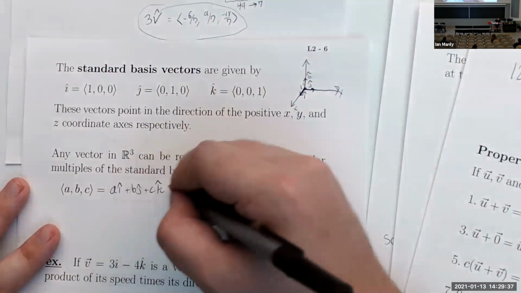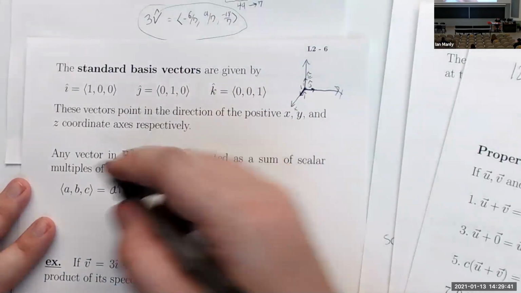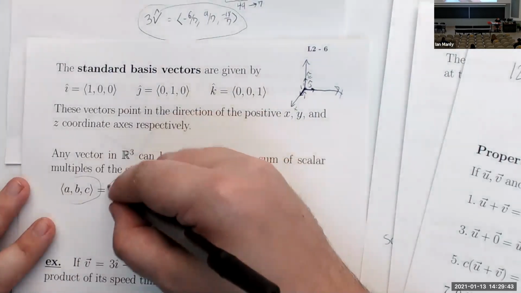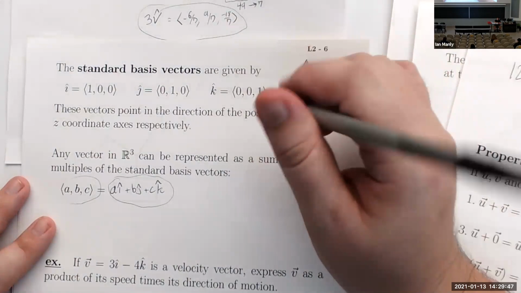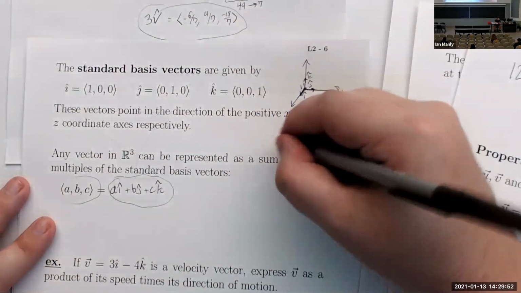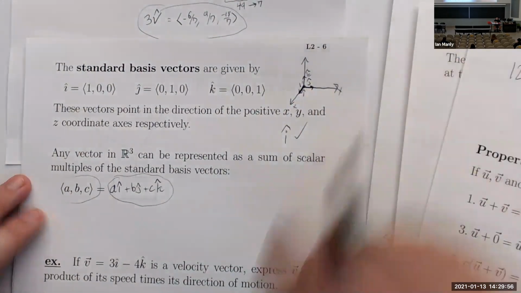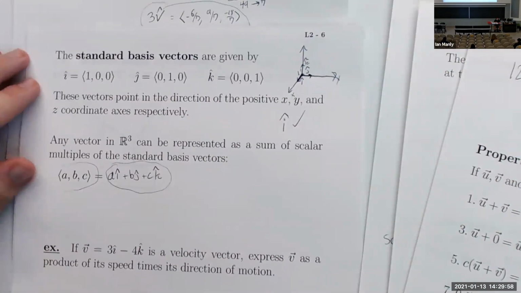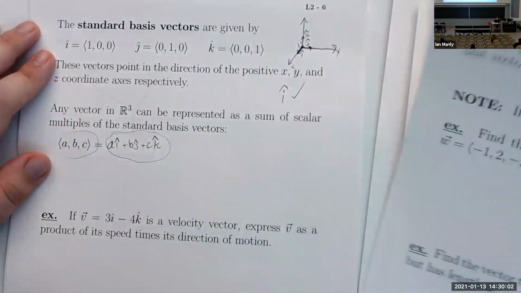So this will be another very common notation for vectors. You may see them written in component form like this, and then you might see them written in terms of the basis vectors here. Will i with a dot and a hat also be appropriate? Yeah, no one's going to take points off if you do it like this or something. That's totally fine too.